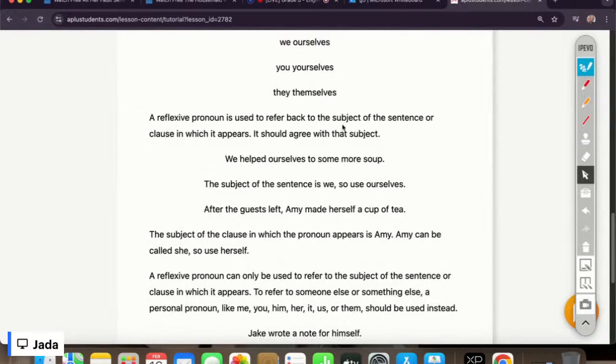Then a reflexive pronoun is used to refer back to the subject of the sentence or clause in which it appears, and they should agree. Just like we helped ourselves to some more soup. And a reflexive pronoun can only be used to refer to the subject of the sentence or clause in which it appears. So to refer to someone else or something else, you have to use personal pronouns like me, you, him, her, it, us, or them.